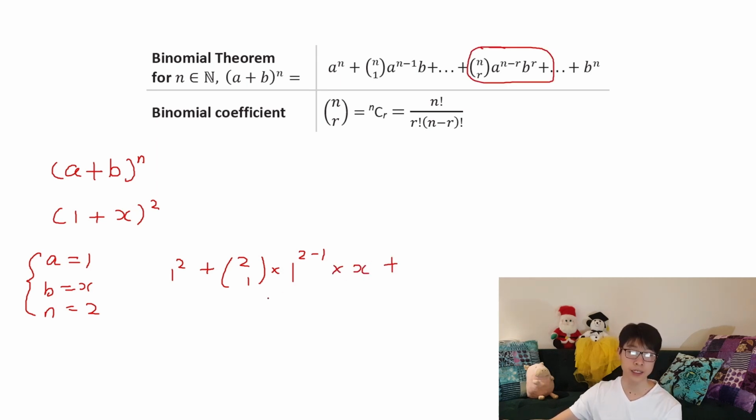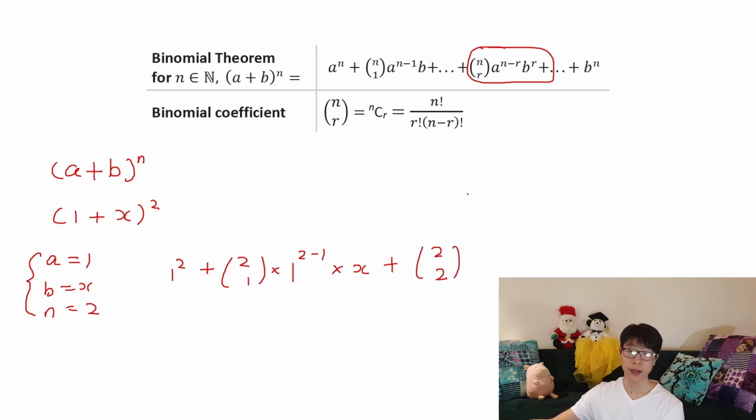And how this series continues is our r term, which is going to be this number right here, it's going to increase continuously until it becomes the same number as n. And when it becomes the same number as n, then we'll reach this last term right here. So in this case, it will become 2 on 2.